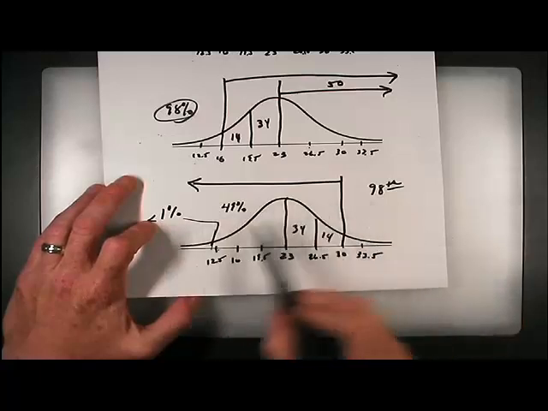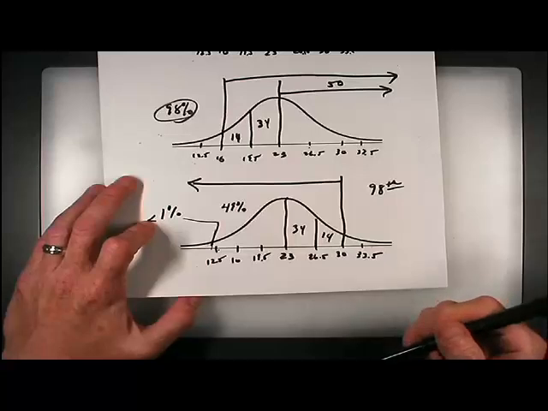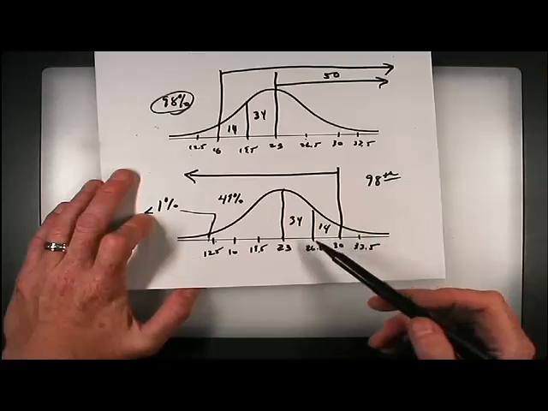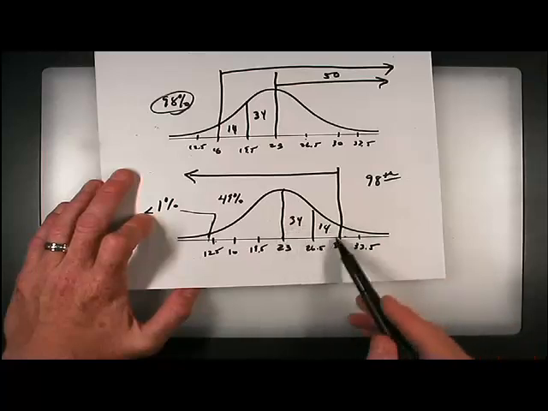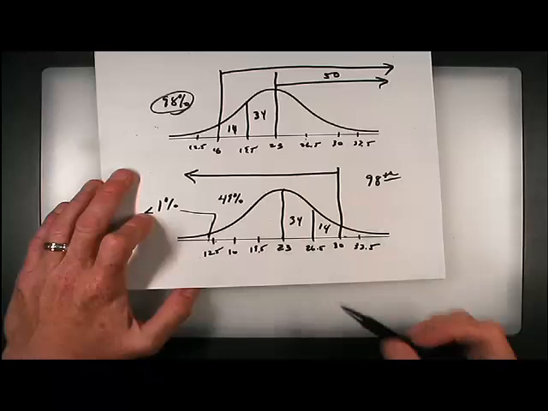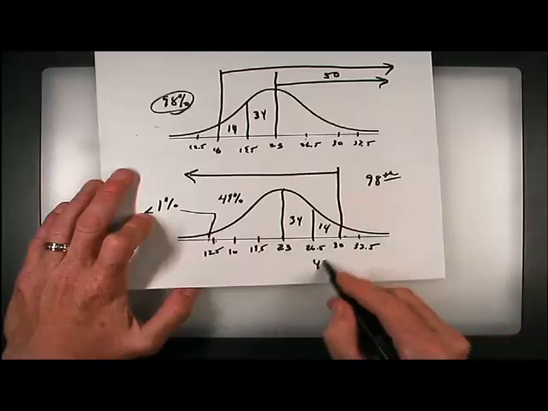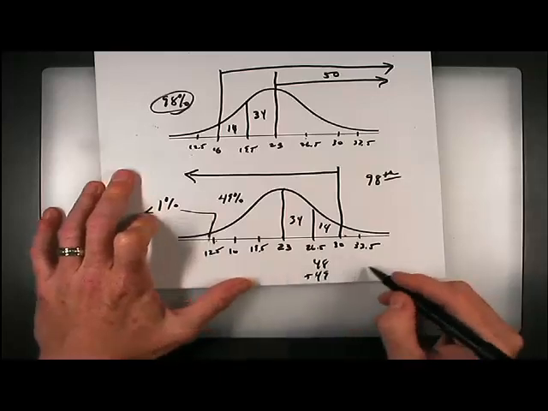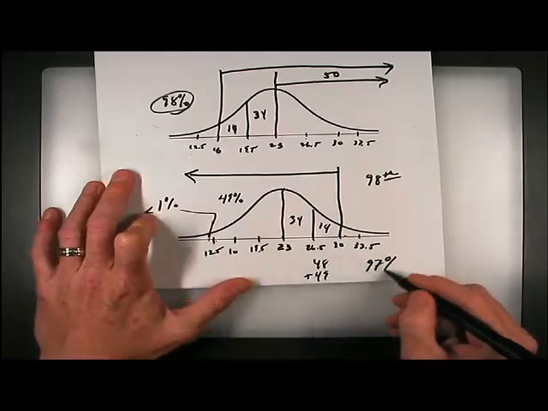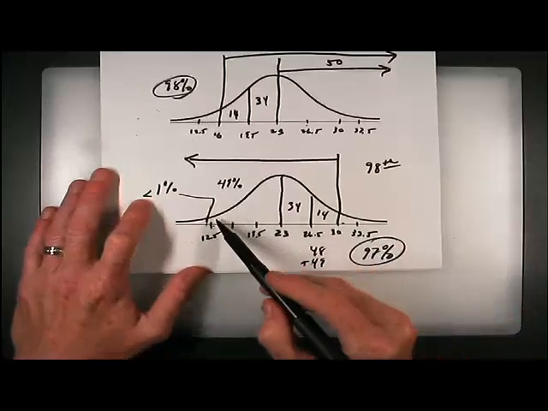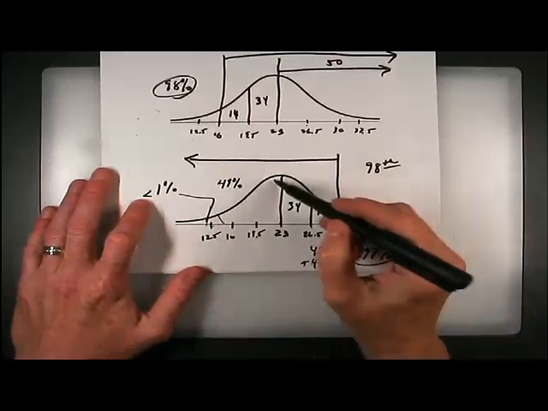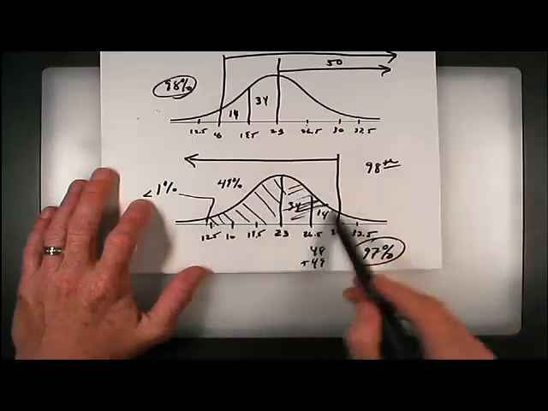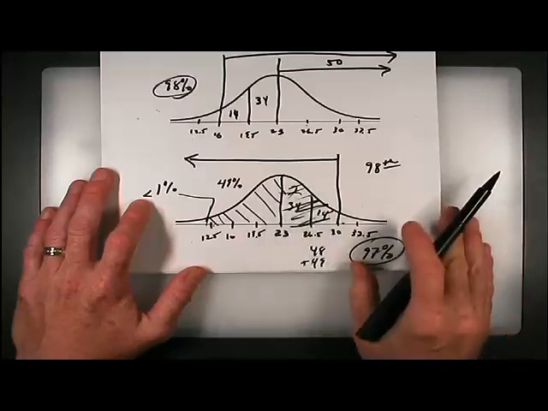What would your rough estimate be for this whole area? 34 and 14 is 48, plus 49 is 97%. You add this percentage to these percentages over here, and you get 97%.